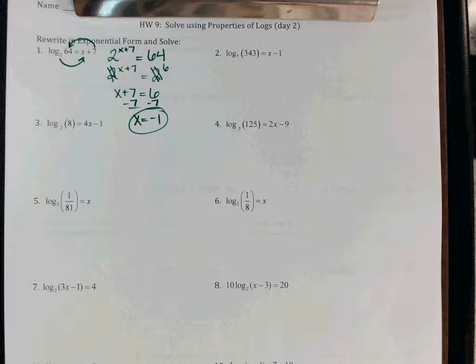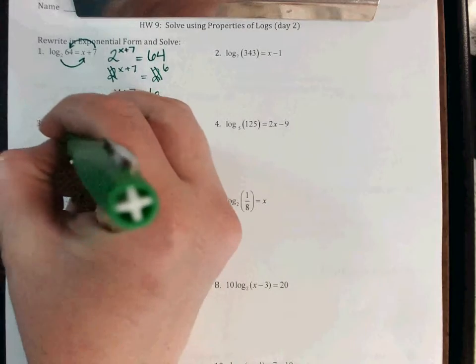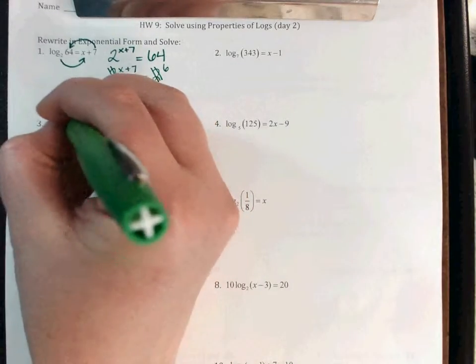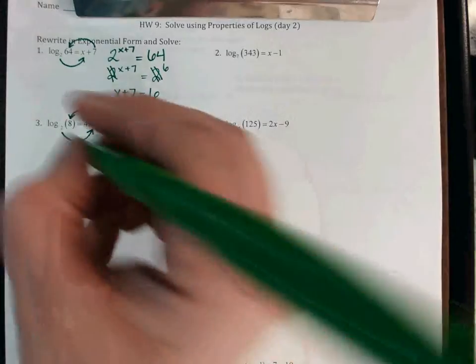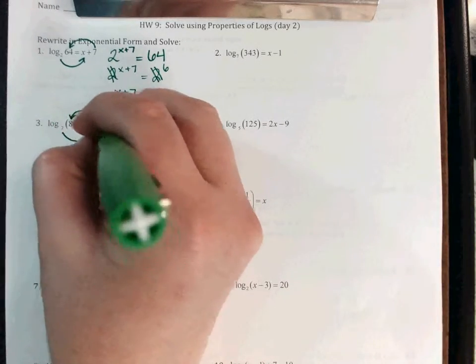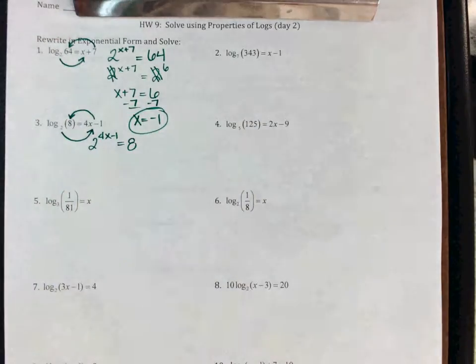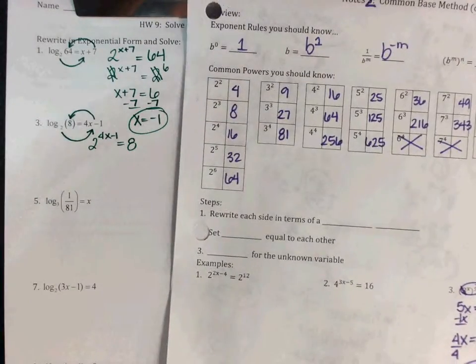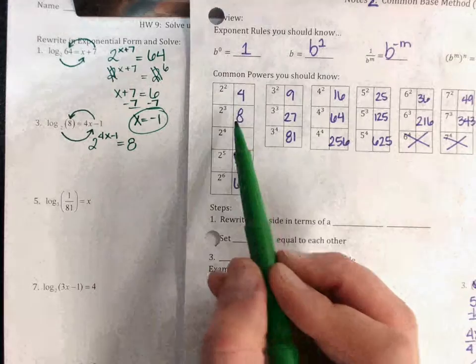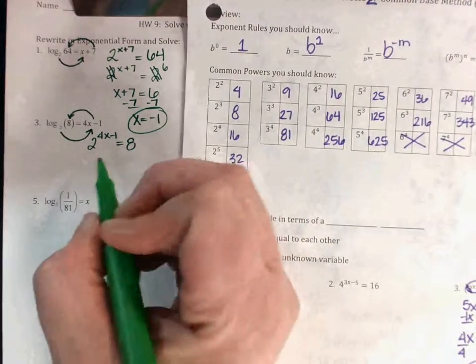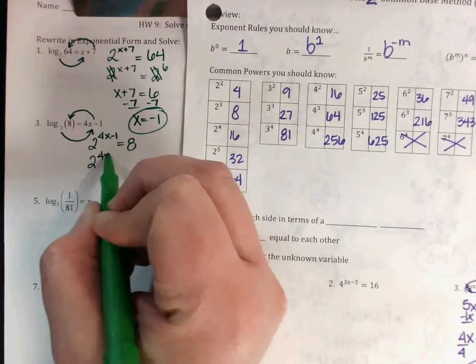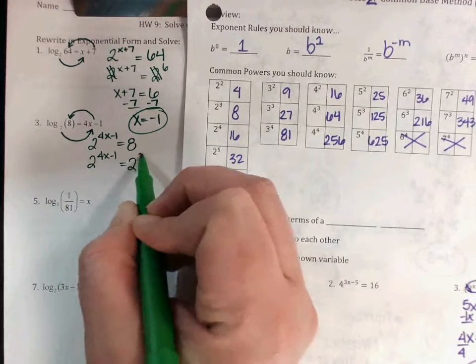Go down to number 3. We're going to go down through the odds. When I do my loop, it's going to be 2 up to the 4x minus 1 equals 8. And then I'll put my chart back up here. 8 is 2 to the what? 2 to the 3. So then I'll rewrite this: 2 to the 4x minus 1 is 2 to the 3.